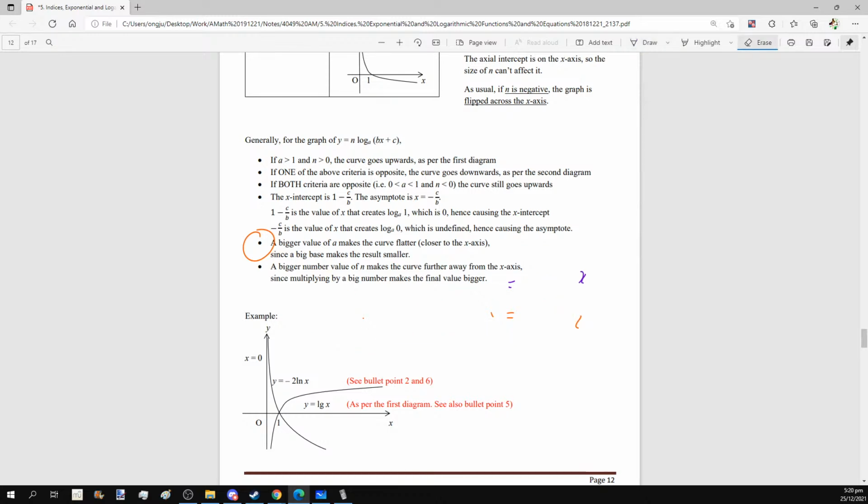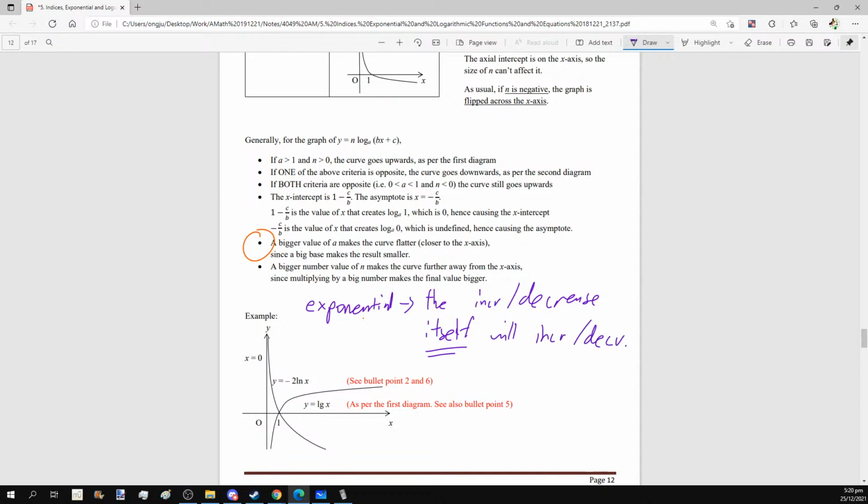So before I move on to the practice examples, again, I want to highlight the linguistic intricacies, right? When we say exponential, it means that the increase, decrease itself will increase and decrease.